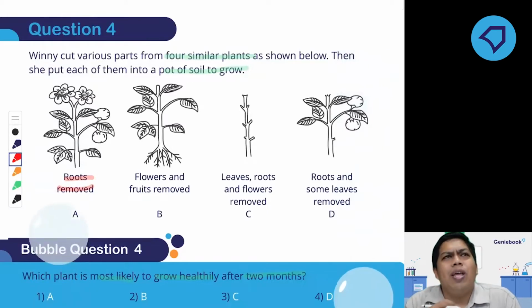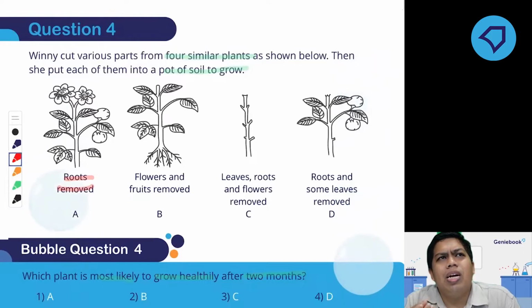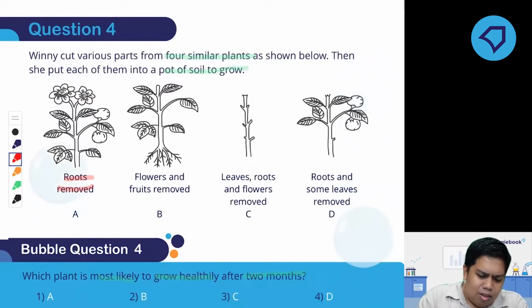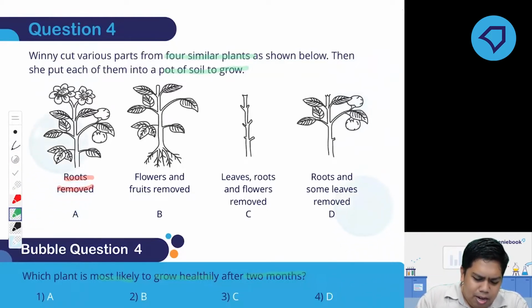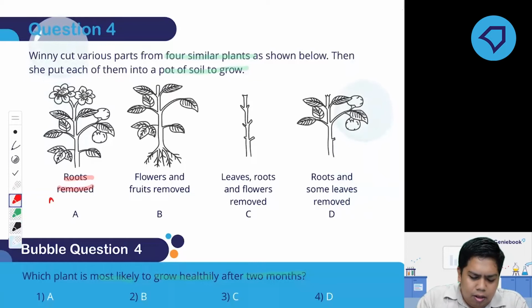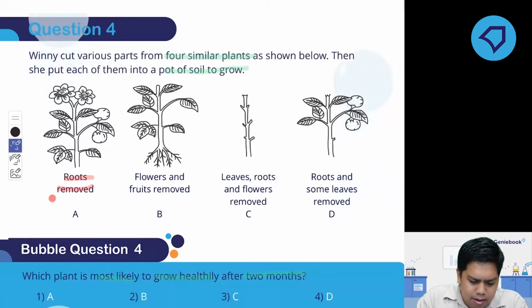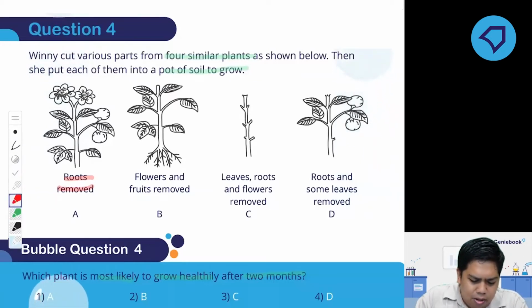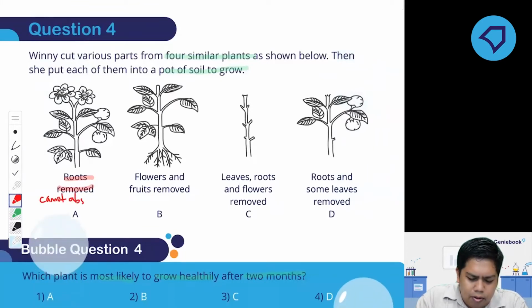So it's not able to absorb water and minerals already, right? If you cut off the roots, no more water and minerals. That's why it cannot live healthily or grow healthily after 2 months. So for those who are writing down in your notes, you can write down for A, cannot absorb water and minerals.